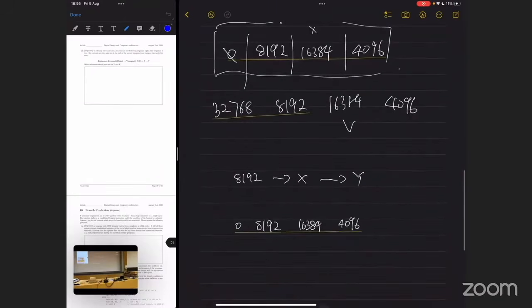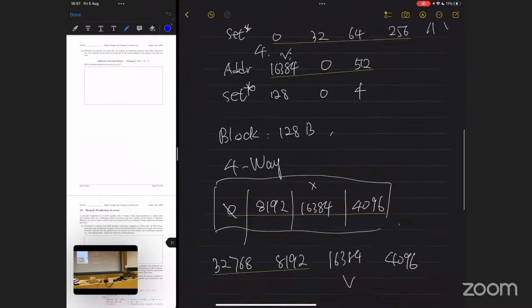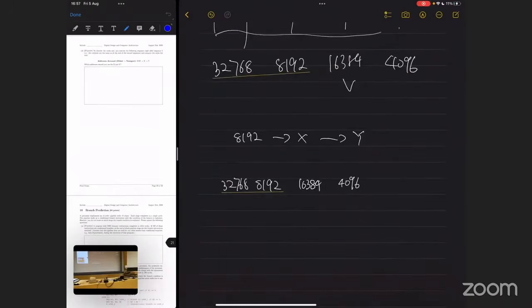Yes, sorry, this should be this. Because for the LRU policy, this would replace the 0 as we access it here. So in this case, the LRU bit would be 32K after we access address 8K in this probe sequence.